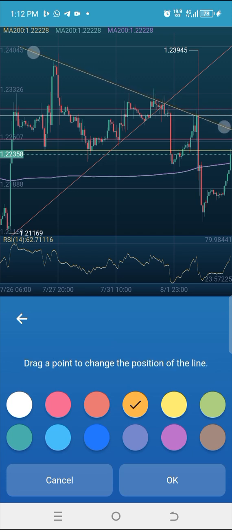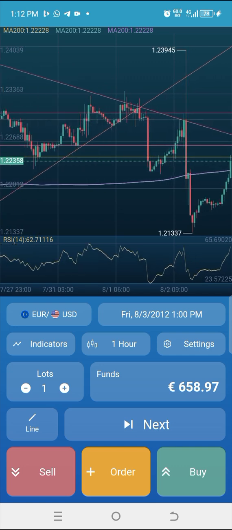Okay, so I look for a break in either one of them. One has been broken. My second trade will be if this one is broken and it's going up. So let's play it and we see. Still have another chance.